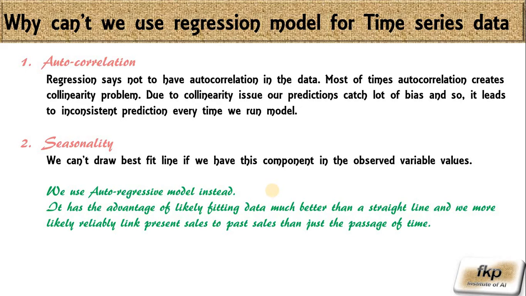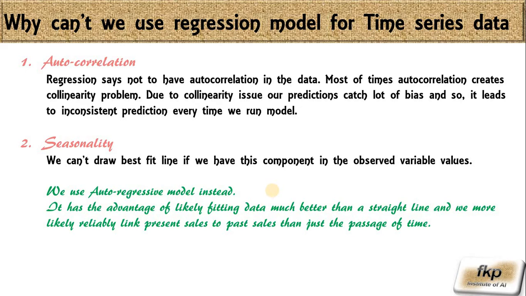It creates the multicollinearity problem, because all the features should be independent and they should decide the variable we are going to predict. That is the concept of a regression model.